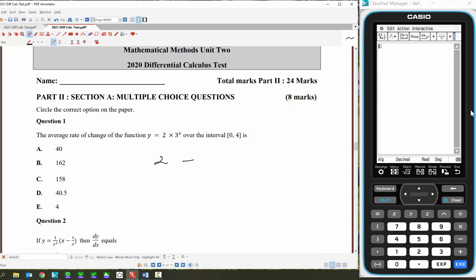Nah, let's do it on the calculator. 3 to the 4, I think it's 81, but okay. So the first thing you should do is shift define f of x equals 2 times 3 to the x, and then shift divide. We've got f of 4, take away f of 0 over 4 take 0. That probably was faster on the calculator.